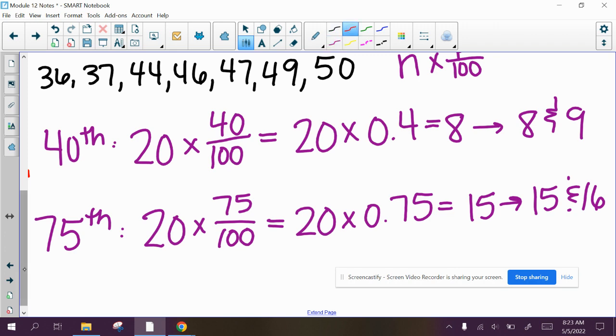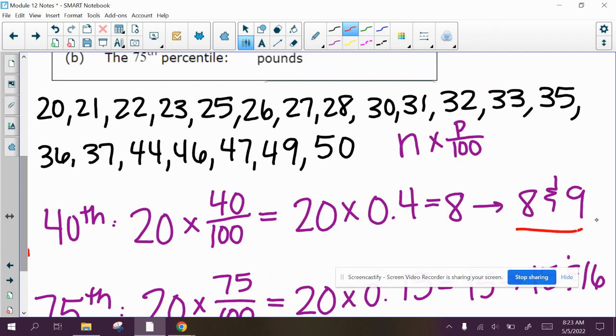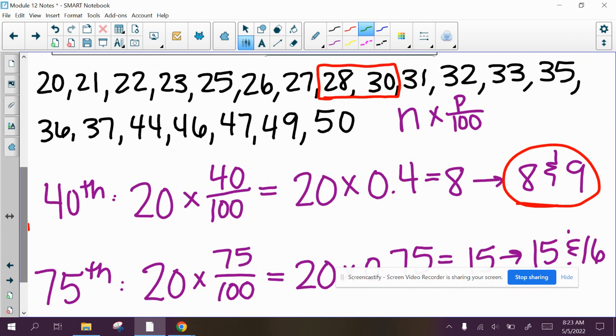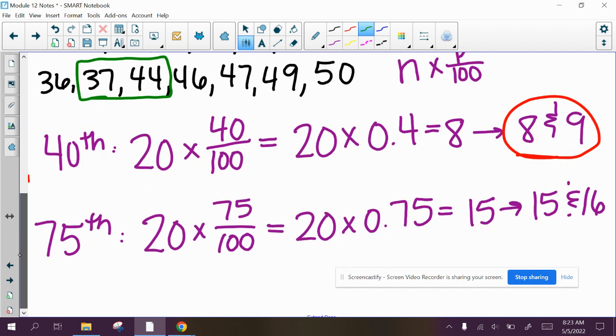Then to find our percentiles, we have to go back up here, and I have 8 and 9. So I have to count 1, 2, 3, 4, 5, 6, 7, 8, and 9 are 28 and 30. And let's just go ahead and count these ones too, since we're there. So this would be 10, 11, 12, 13, 14, 15, and 16 right here. And we're going to find the average of those two numbers.